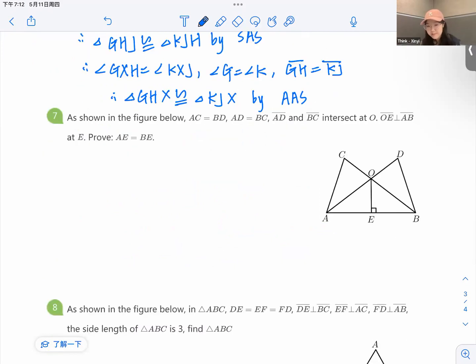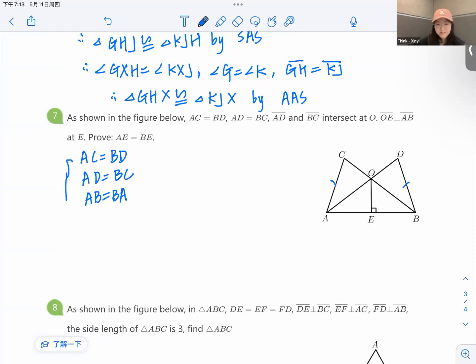In the figure below, we have AC equals to BD and AD equals to BC. AD and BC intersect at O, and we have OE perpendicular to AB at point E. We need to prove that AE equals to BE. Okay, so first we have AC equals to BD, and we have AD equals to BC, and we also have AB equals to BA.